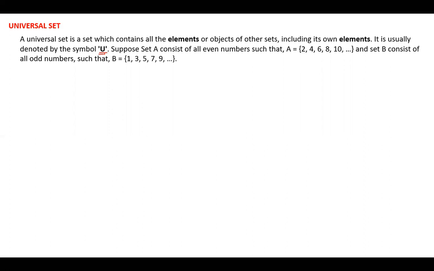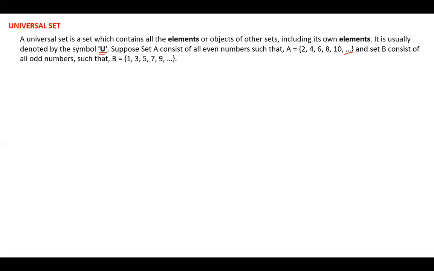You just inspect. Let us look at this example, which says, suppose set A consists of all even numbers such that A is equal to 2, 4, 6, 8, 10, and it continues to go. These three dots here mean we are still going to the positive side. And set B consists of all odd numbers such that B is equal to 1, 3, 5, 7, 9.